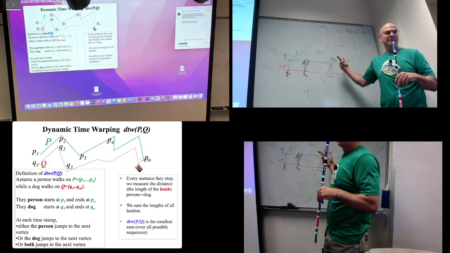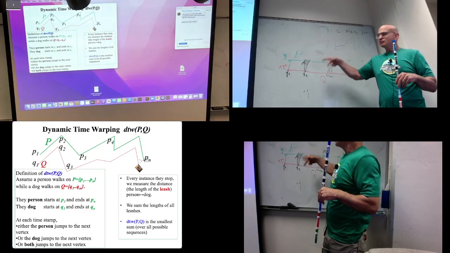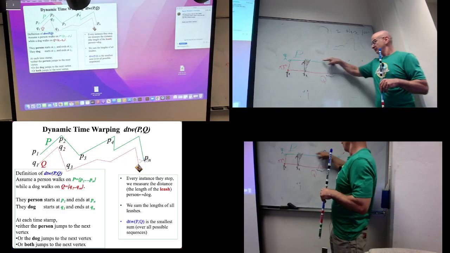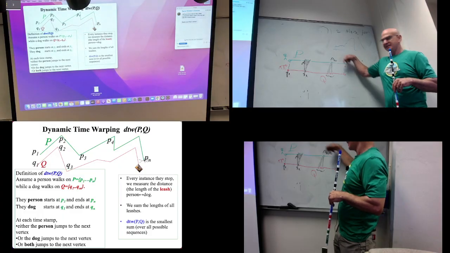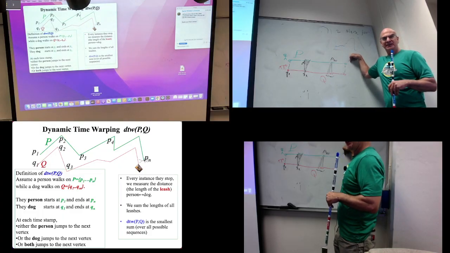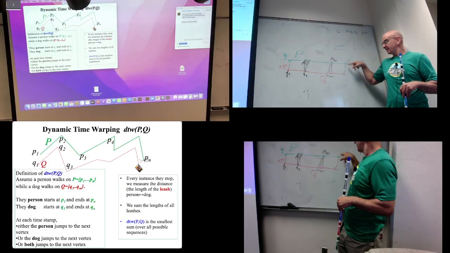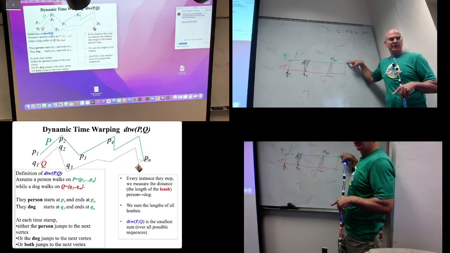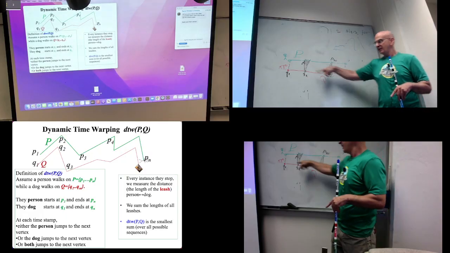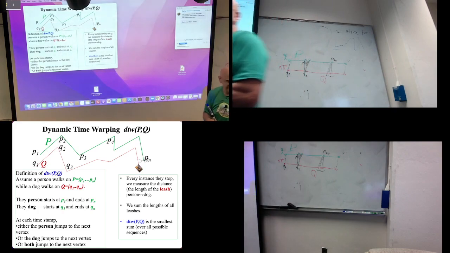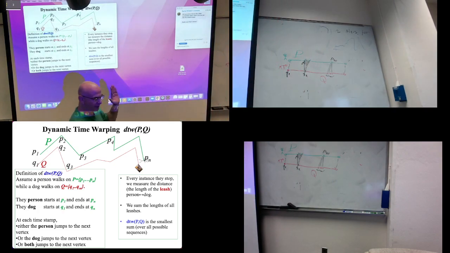What's the maximum number? 2n timestamps. Maybe the dog waits here while the person moves all the way to the next vertex. I spend n timestamps, and then the person is finally at the end. Remember, he's not allowed to move backward, and the dog will move forward in another n timestamps. So we need somewhere between n and 2n timestamps.